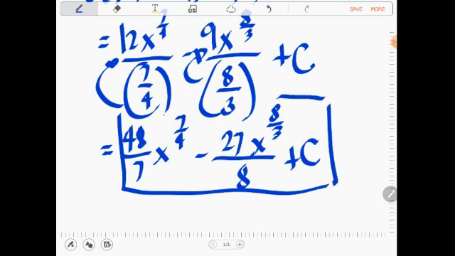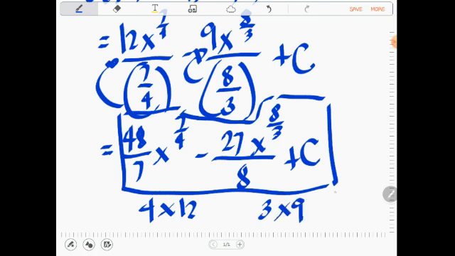Okay? Bakit nangyaring ganyan? Kasi yung ating 4 is na-multiply natin siya into 4 times 12. Tapos ito naman ay 3 times 9. Okay? So ito ay 48 at ito ay 27. Okay? Next.